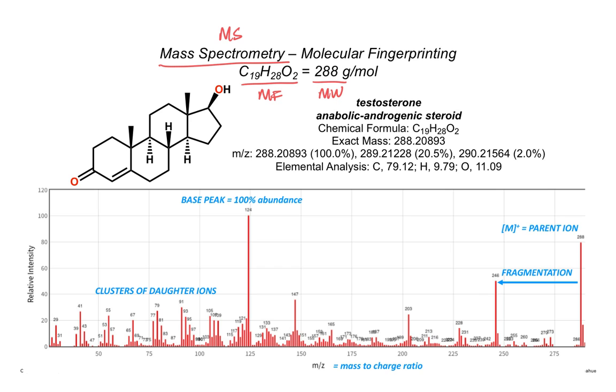You're given the molecular weight, but then you have to determine the formula, and then ultimately, what is the structure? So you have this unknown substance, this powder, this liquid. You run it on this mass spectrometer instrument. It gives you 288, and then what do you do with that if you don't know what the structure is?